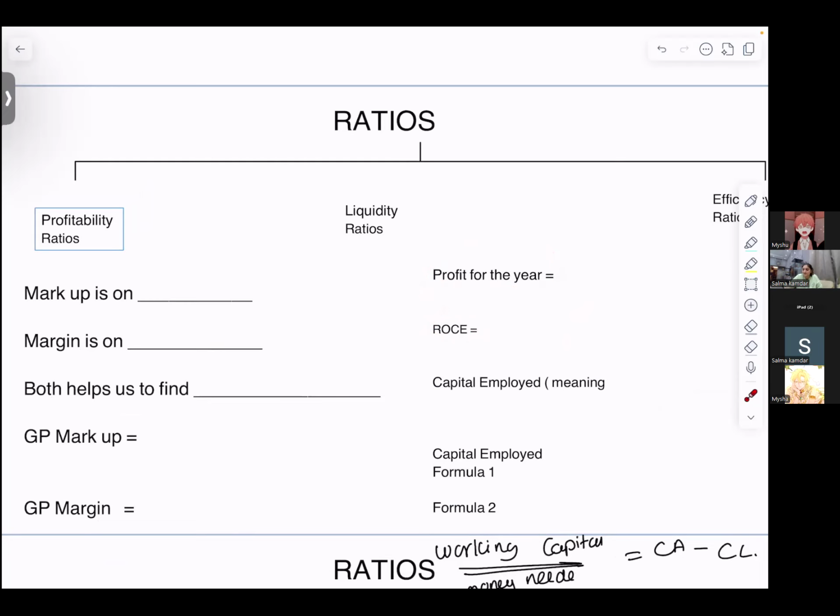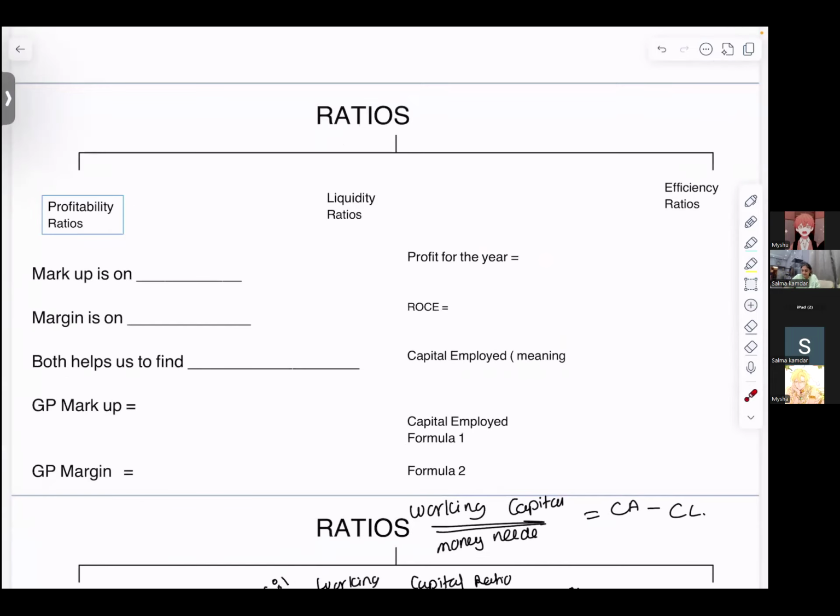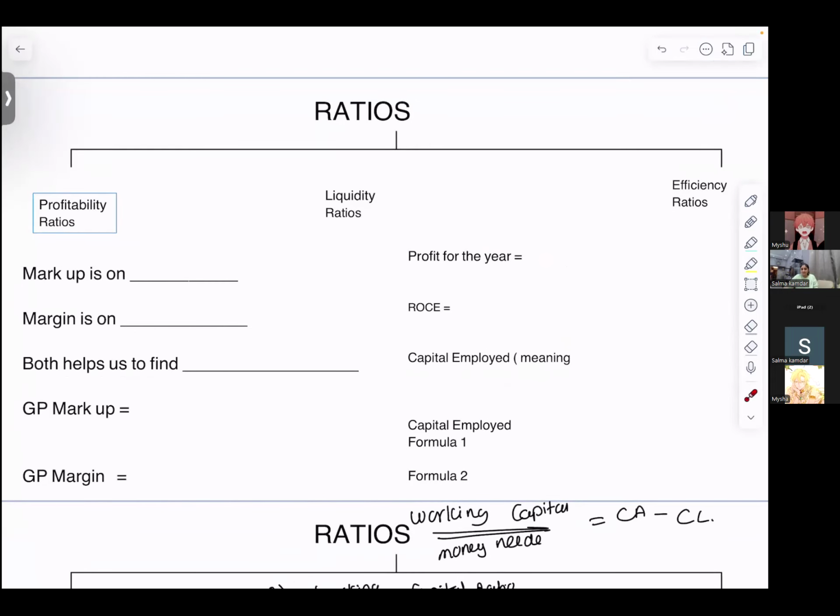Profit for the year would be profit divided by revenue multiplied by 100. Two formulas for finding capital employed? Capital plus non-current liabilities, or total assets minus current liabilities. What is the meaning of capital employed? The capital that is being used in the business.